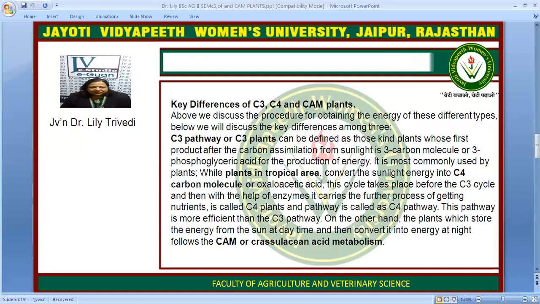Now this cycle of 4 carbon oxaloacetic acid takes place before the C3 cycle with the help of enzymes, and as such plants are called C4 plants. Now C3 plants are less efficient, or we can say C4 plants are more efficient. The CAM plants store energy during the day and convert it into energy at night. So this is the basic key difference.